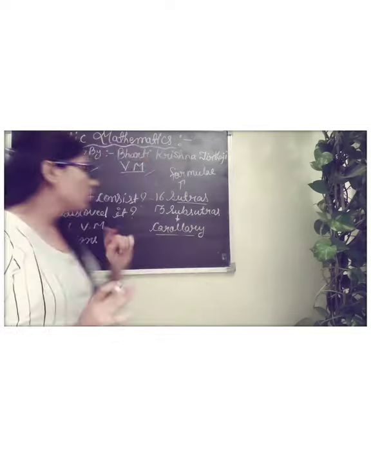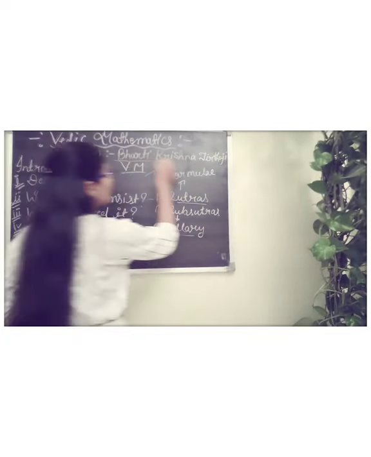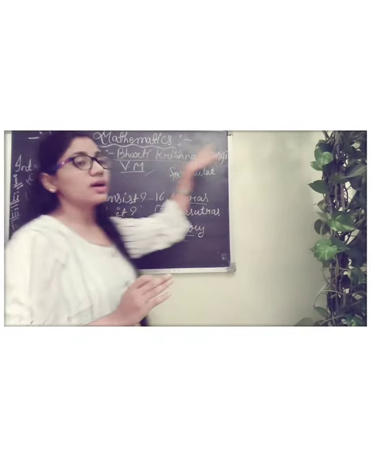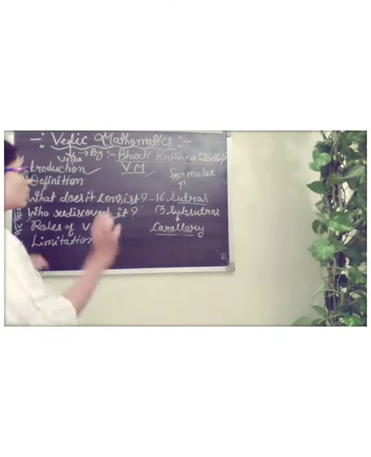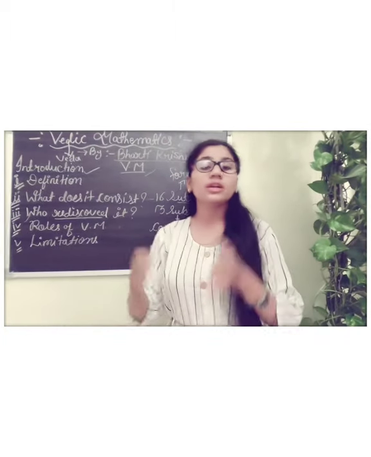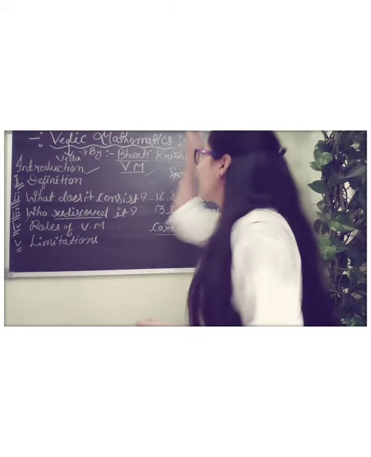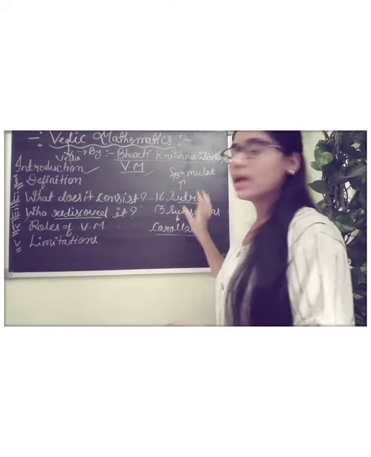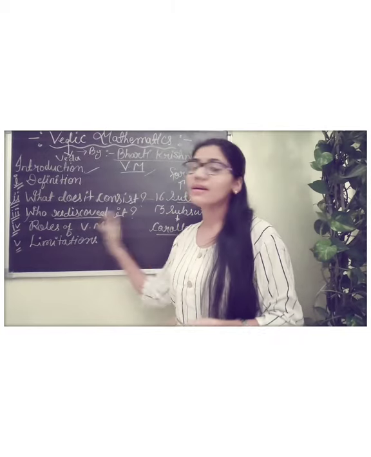Now, the name of that mathematician or monk is Bharati Krishna Tirthaji. He was the monk who derived, or I will use the word rediscovered, because it was already there in the Atharva Veda, but he took all those important formulae and sub-formulae and put them into a single book.